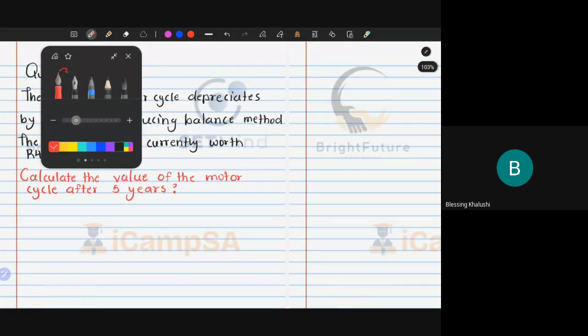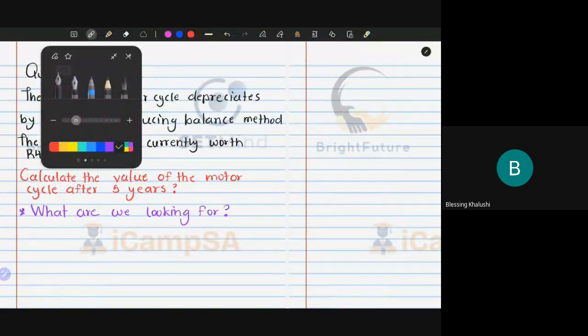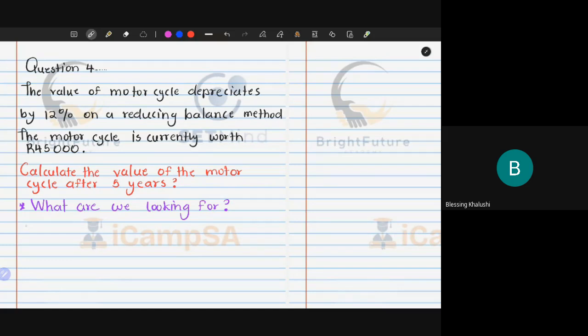So my question, guys, is what are we looking for here? Anyone? Final amount. Okay. So we are looking for A, which we define as the final amount or the scrap value.